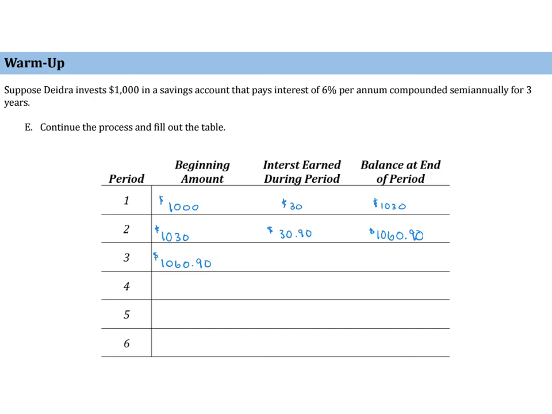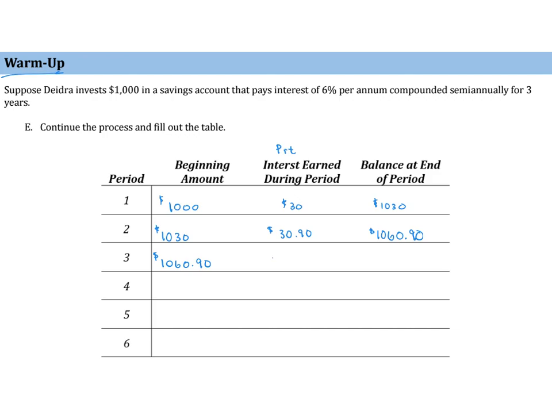So what's the interest earned on this? It's always going to be PRT. So again, we're still in the warm-up. We have a formula that's going to shortcut all of this soon, but we're going to take 1,060.90 times 0.06, and a period is still only 1/2 of a year, so times 1/2.